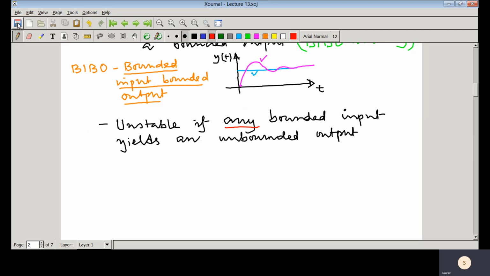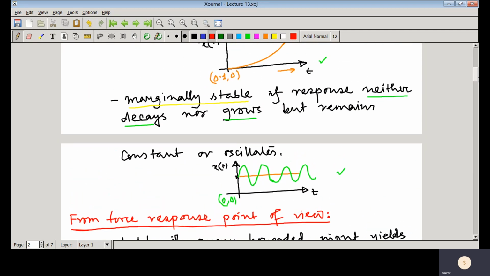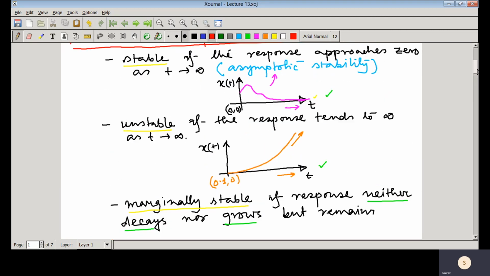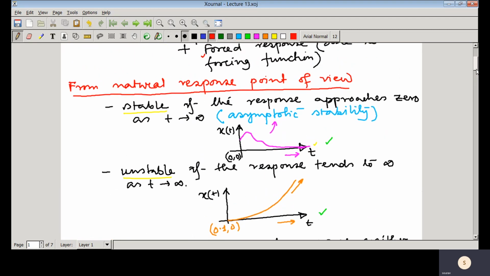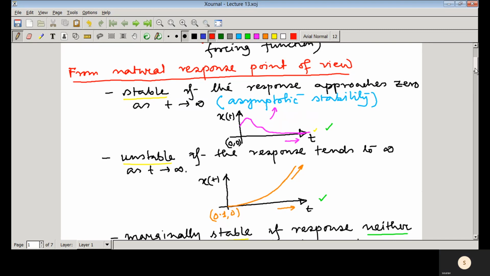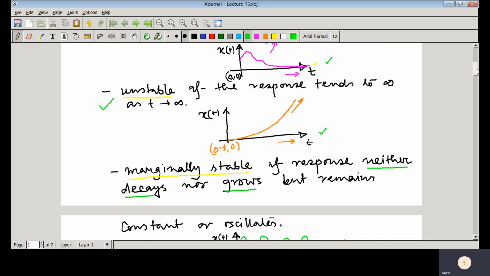So let me summarize what we have seen. That means we can give many definitions of stability of LTI systems if we consider different points of view. Natural response means when the external input applied to that system is equal to 0, and there we have seen there are three notions of stability. One is stable, the second one is unstable, and the third one is marginally stable.